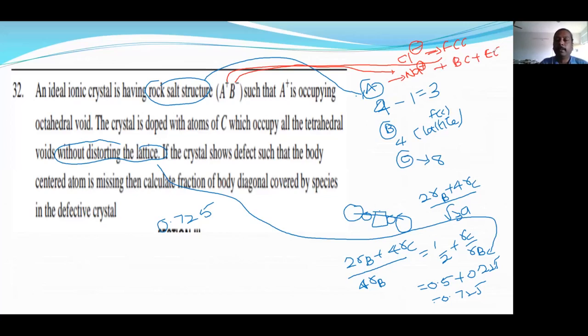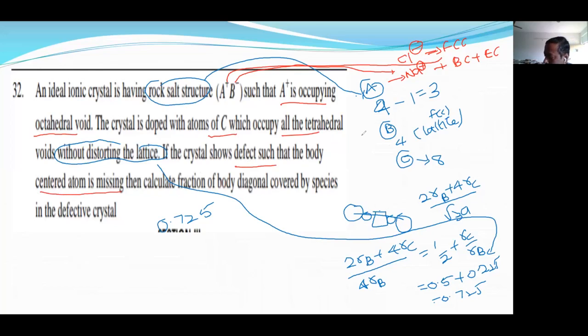You should know this information. Now here Z value is how much? 4. So A plus occupies octahedral voids. Octahedral voids means edge centers and body center. Now it is doped with atoms of C, which occupies all tetrahedral voids. But due to a defect, the body center atom is missing.